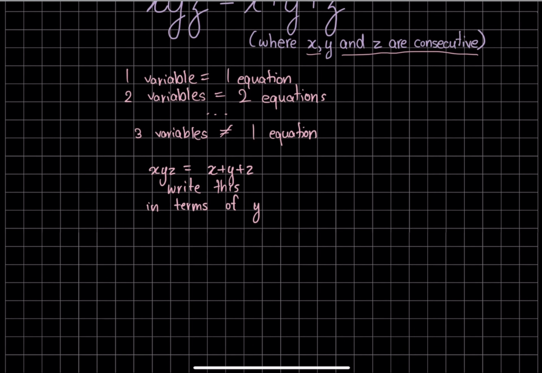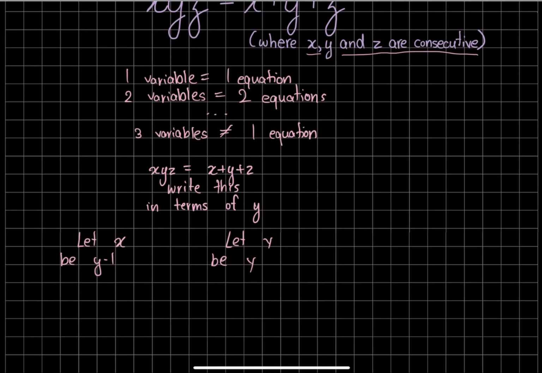So what do we know about x? We really don't know anything. So let's just make a few statements. Let x be y minus 1. Because if we said that y is the middle number in all of our consecutive numbers, then let y be y.